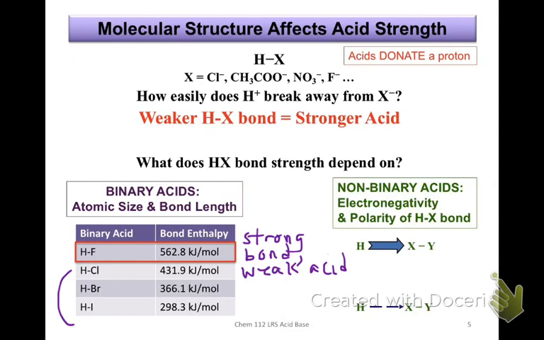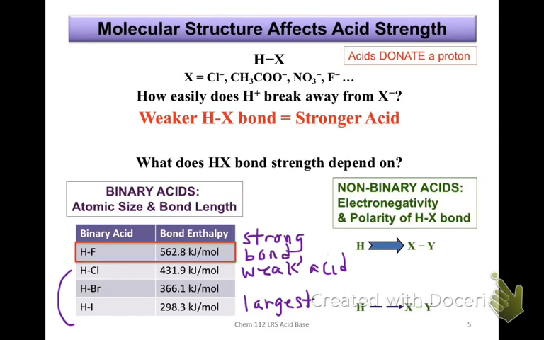Since HI is the largest atom, it has the longest bond and the weakest bond. So in non-aqueous solution, HI would be the strongest acid. But again, those 3 acids are all completely ionized in water and are equal in strength.